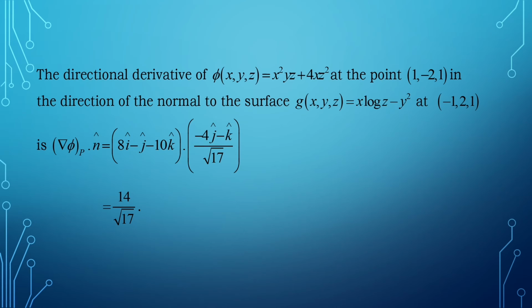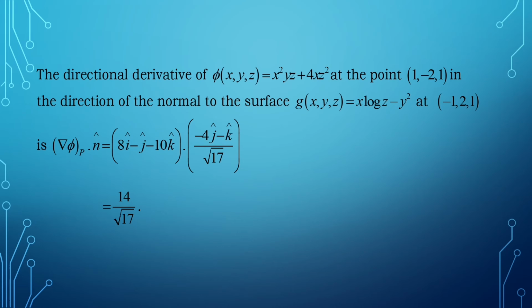This gives us the required directional derivative. So, del phi at P dot n cap equals 8i cap minus j cap minus 10k cap dot minus 4j cap minus k cap by root 17.